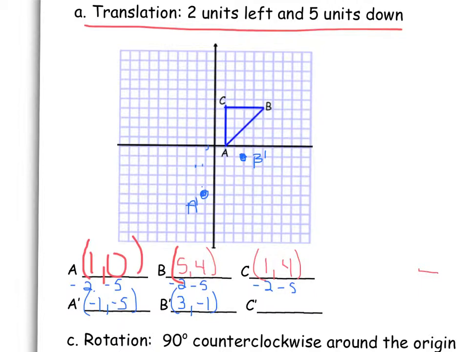And then C is negative 1, negative 1. So negative 1 right there. And remember, if you come up with a shape that is not congruent, in other words, it does not look exactly like your original shape if you are translating, rotating, or reflecting, then you know you're doing something wrong.